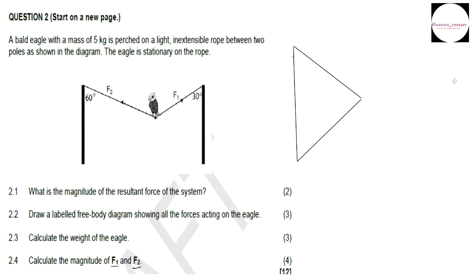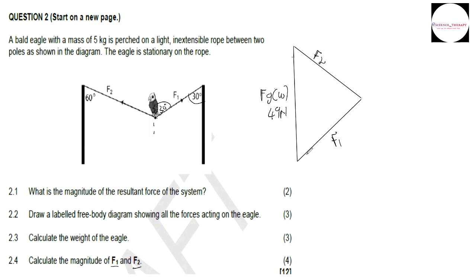Now to label, I have the FG, or some others might prefer to write it as W, which we already calculated: 49 newtons. Then here we have F1, and up here we have F2. Now you have to test that the angles you are given really are between the normal and the force. Using alternate angles, you can see that the 30 degrees will appear there.